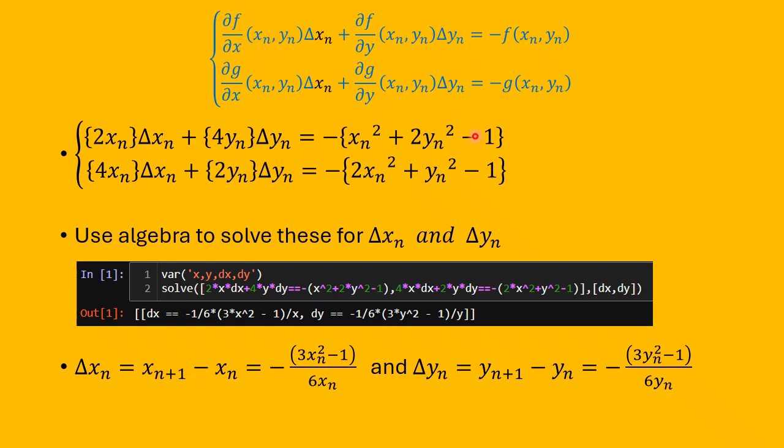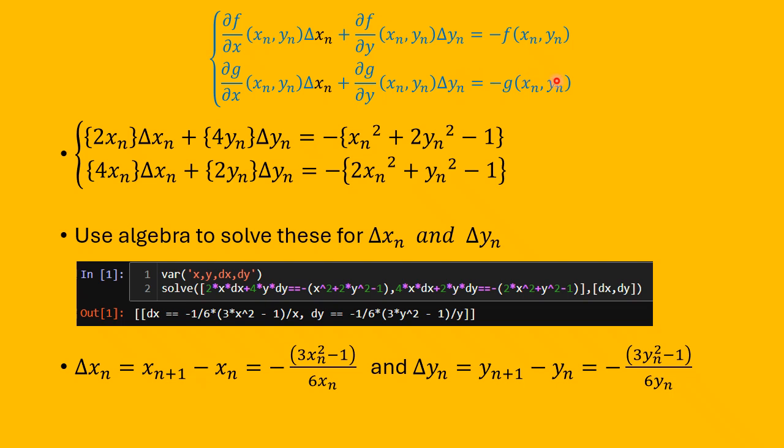The partial of this stuff with respect to x is just 2x sub n, and it's multiplied by delta x sub n up here, isn't it? And then this partial derivative times delta y sub n turns out to be 4y sub n times delta y sub n. On the other side, equals minus f of this, which is just minus this stuff here.